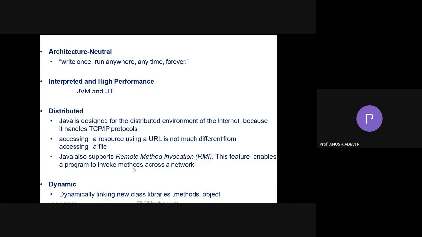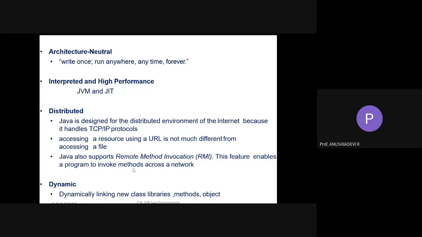Next year you are going to learn networking concepts, where you will read all these, remote method invocation, TCP/IP protocol and so on. Then only can you clearly understand them. Without the introduction of networks, if we teach these concepts, you cannot easily learn.